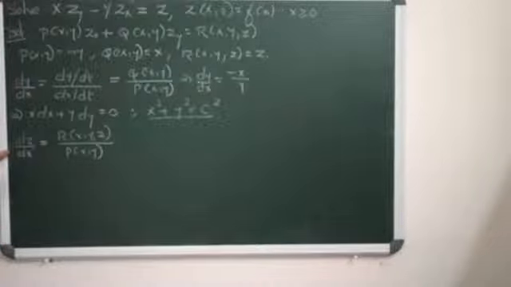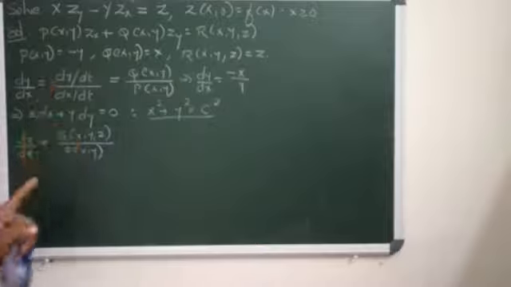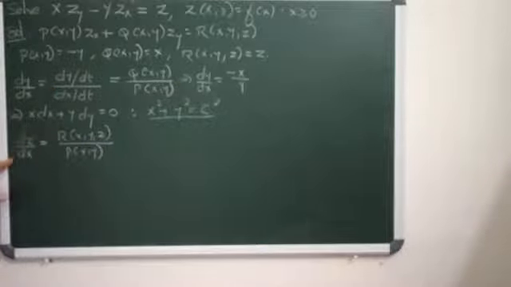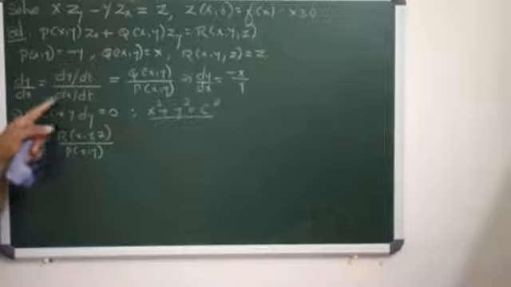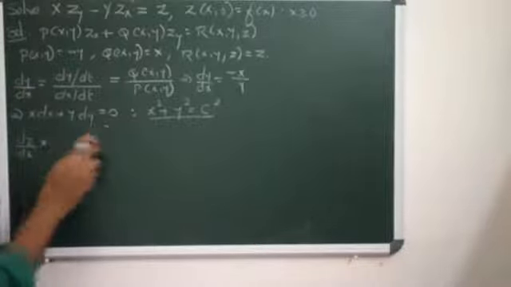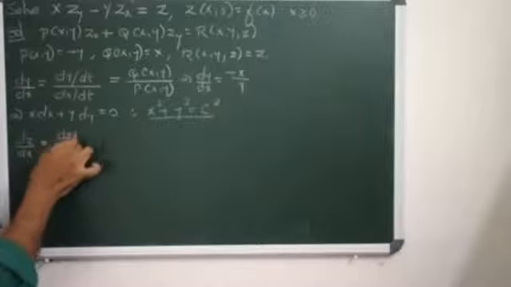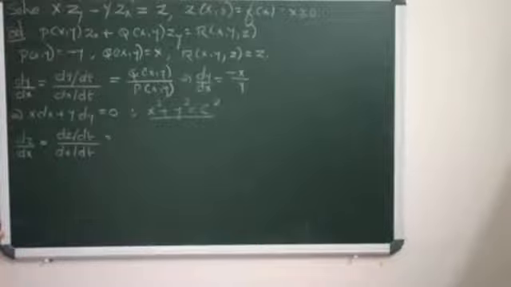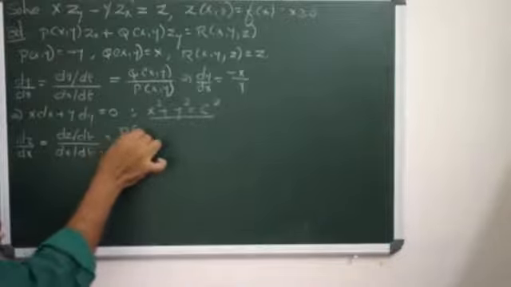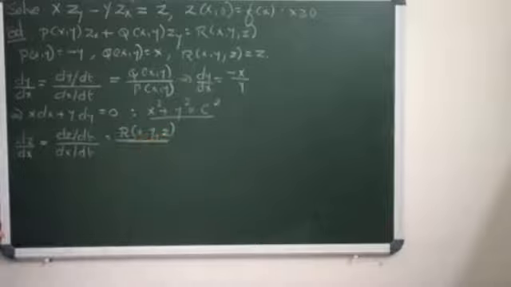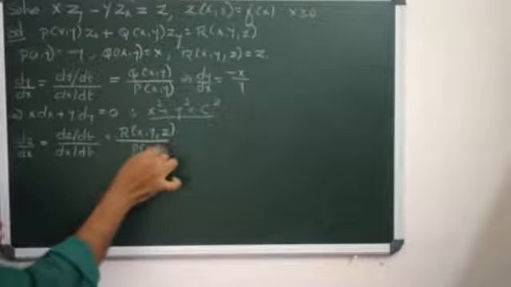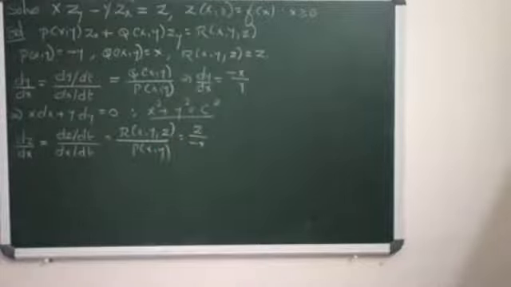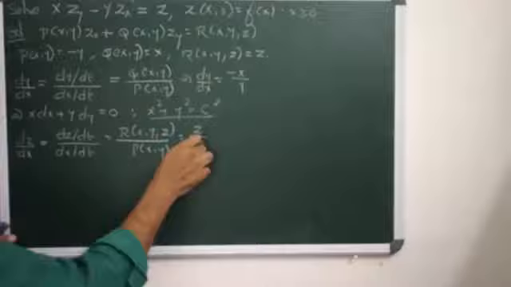Because dz/dt is r(x,y,z) and dx/dt is p(x,y), so dz/dx is dz/dt divided by dx/dt. So here it is z by minus y.